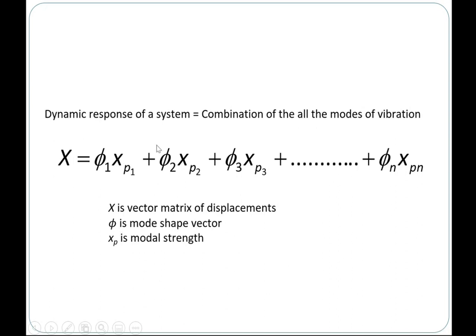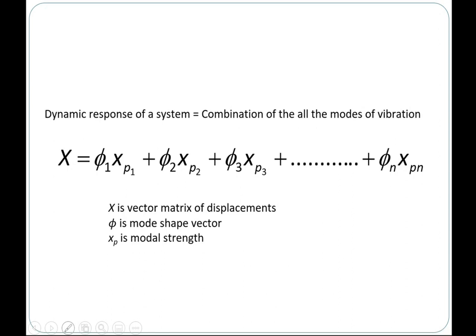Mode 1 contributed by mode 2, contributed by mode 3, contributed by mode 4. Right, so if you have n degrees of freedom, or your system has what we call an infinite number of natural frequencies, you have a contribution from an infinite number of modes to your vibrations.